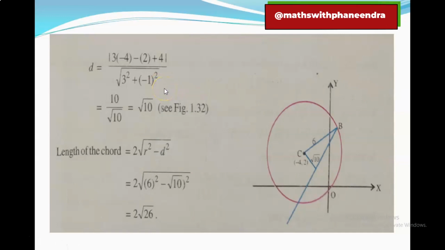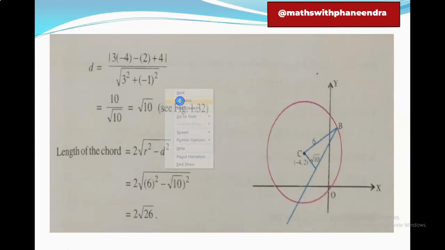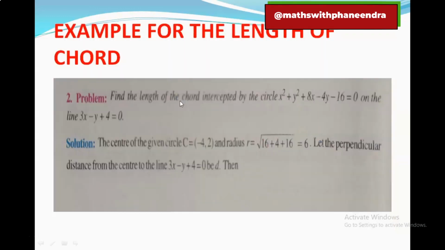See that, in this line 3x minus y plus 4, in place of x comma y, substitute minus 4 comma 2. So 3 into minus 4 minus 1 into 2, plus 4, by root of a square means 3 square plus b square means minus 1 whole square.